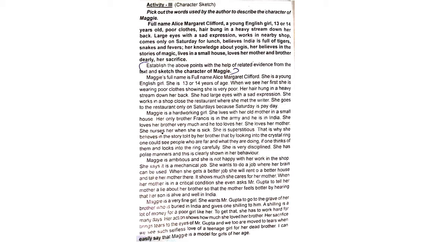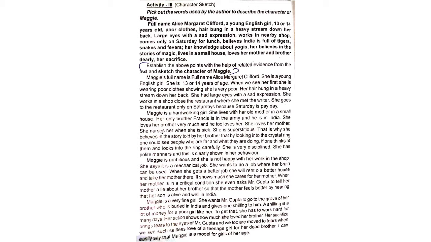Maggie is ambitious and she is not happy with her work in a shop. She says it is a mechanical job. She wants to do a job where her brain can be used. When she gets a better job, she will rent a better house and take her mother there. It shows how much she cares for her mother.